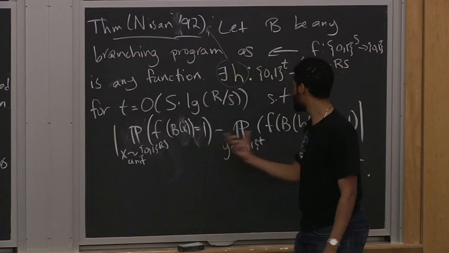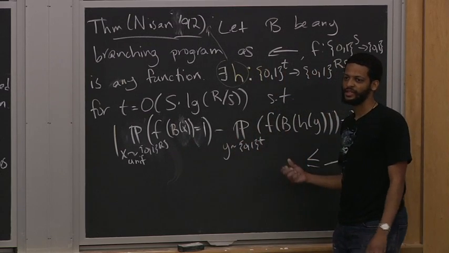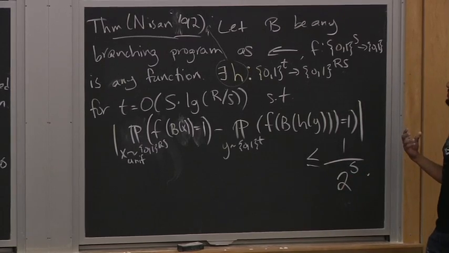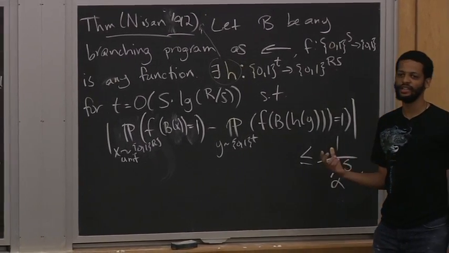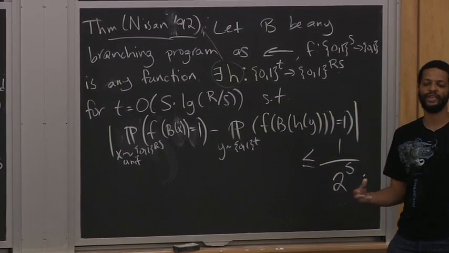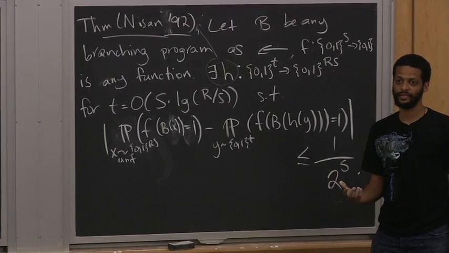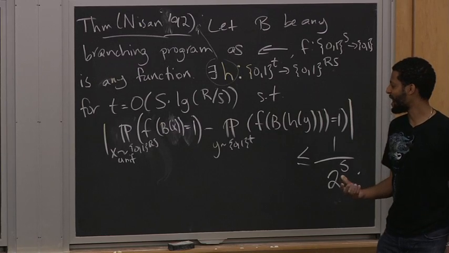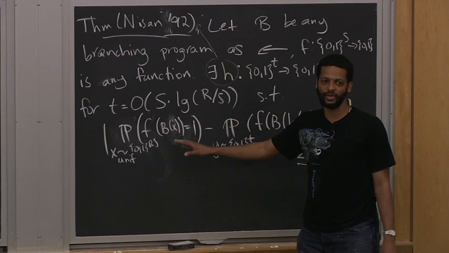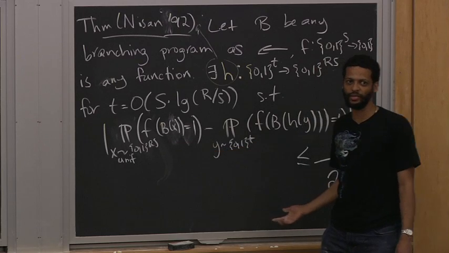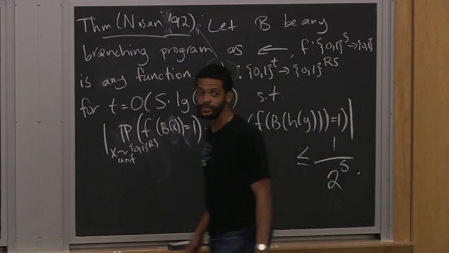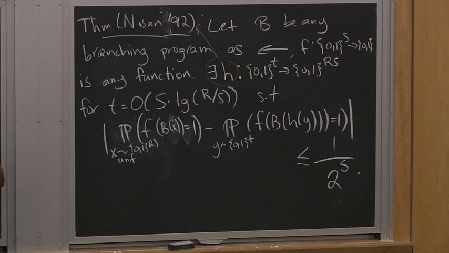So the fact that this is true is also the same for the zeros. So think of F as spitting out 1 if it thinks it's Nisan, and 0 if it thinks it's uniform, right? And it's saying that no matter what your F is, you're not going to be able to distinguish the two with good probability.